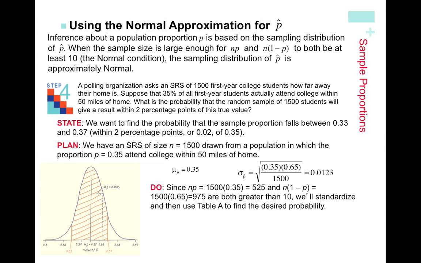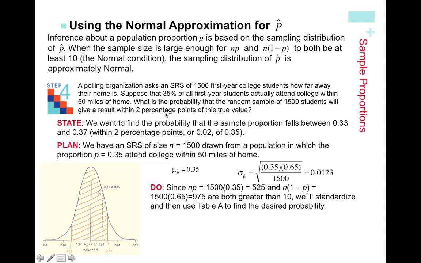Alright, so here's an example. They ask a simple random sample of 1,500 first-year college students how far away their home is. Suppose that 35% of all first-year students, that's my p, attend college within 15 miles of home. What's the probability that a random sample of 150 students will give a result within 2 percentage points of this value?